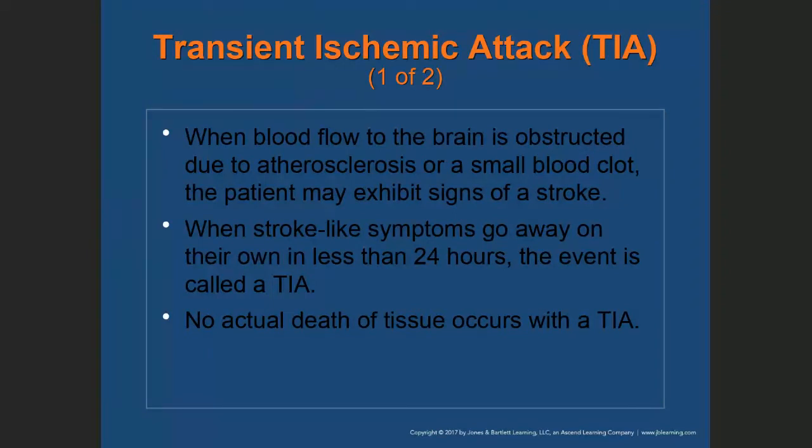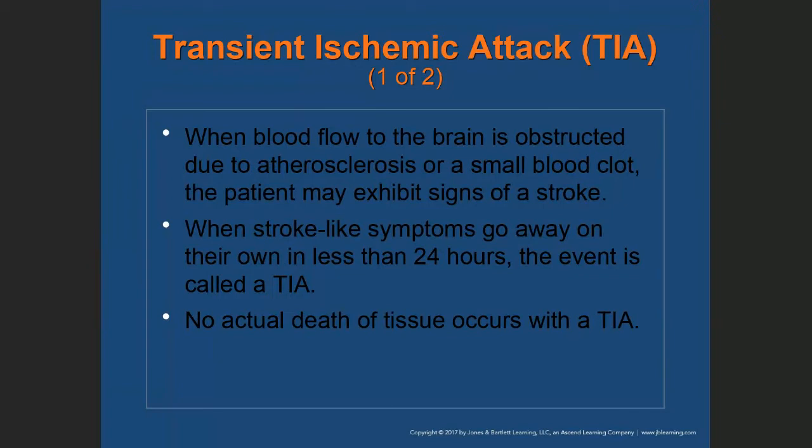The patient presents with stroke-like symptoms, but they disappear within 24 hours. This is referred to as a transient ischemic attack. However, when a patient experiences a TIA, it is a warning sign that they are at risk for a stroke.